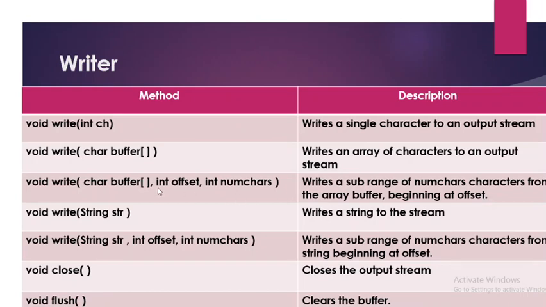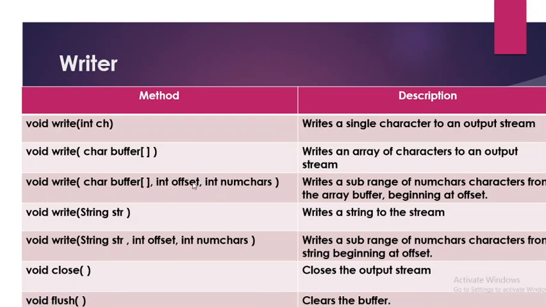For example, suppose the name of my char array is buffer, so buffer comma 2 comma 5. It means that my offset is 2, so from index position 2 within my array buffer I want to start writing, and from 2 I want to write a total of 5 characters into the stream.